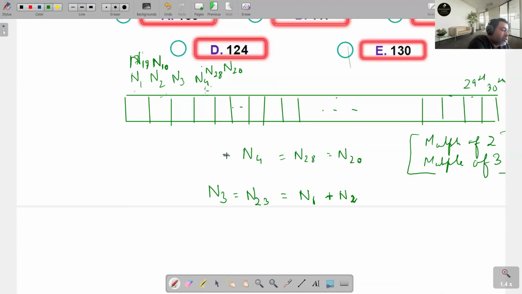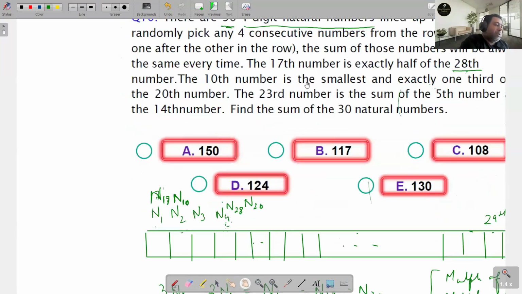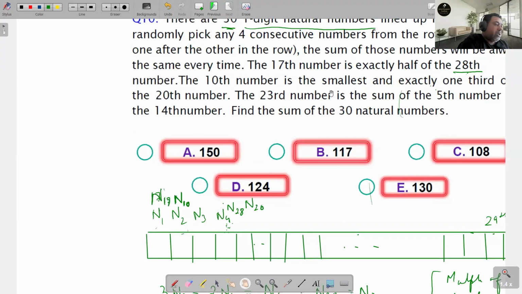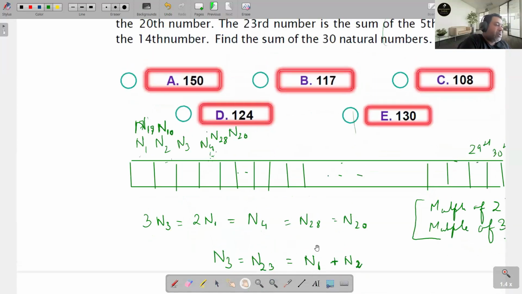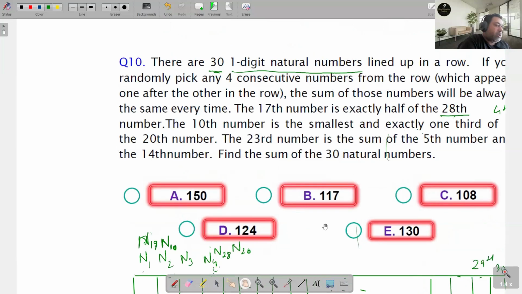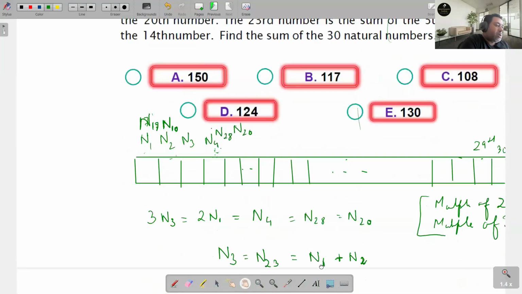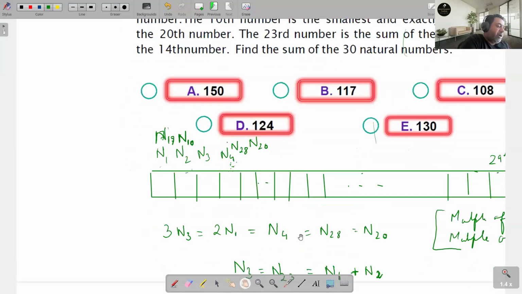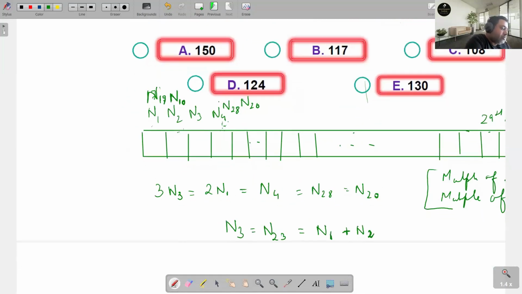So this is equal to 2 of N1, and is also equal to 3 of N2. The fourth number in the pattern is double of N1 and 3 of N2.